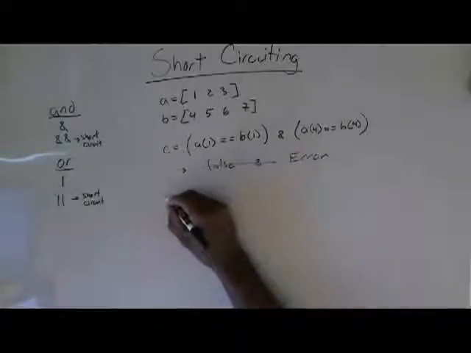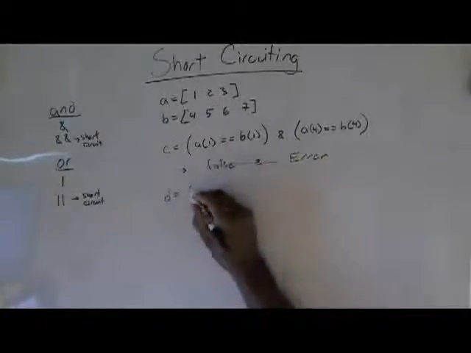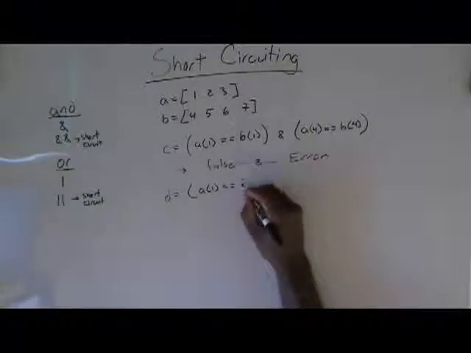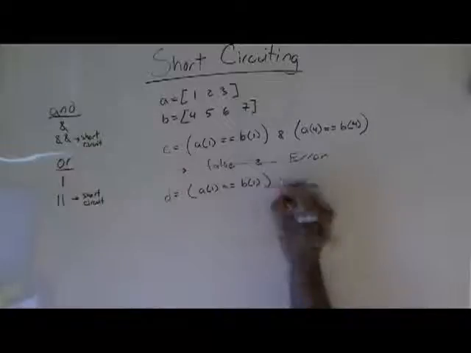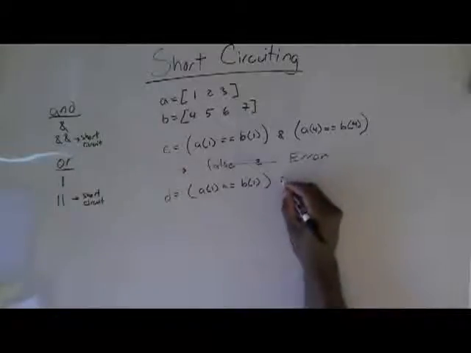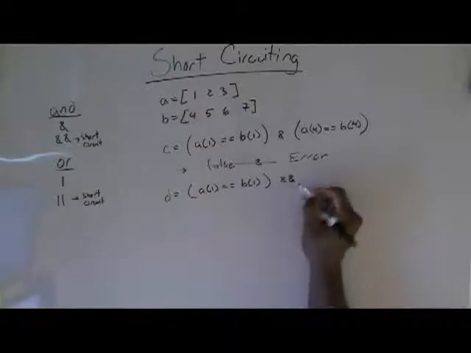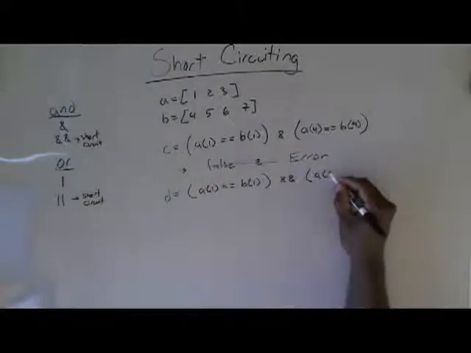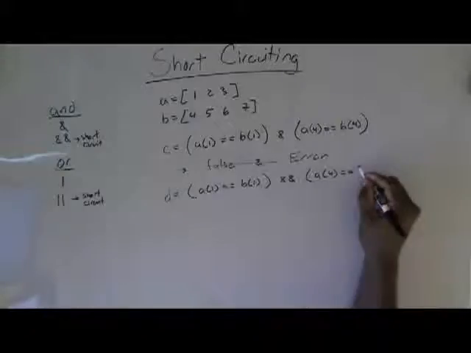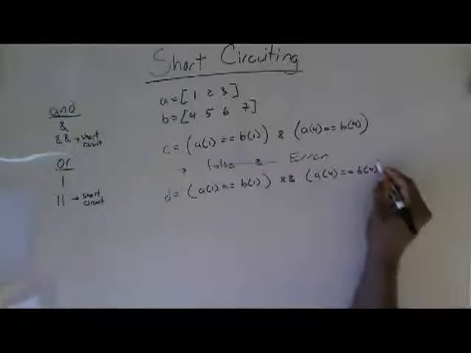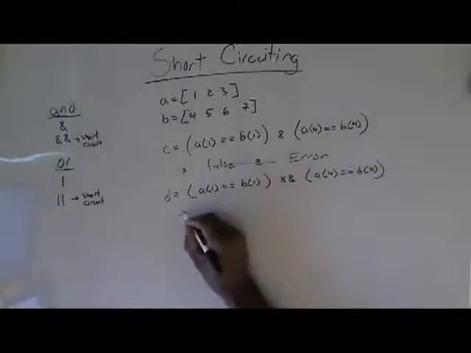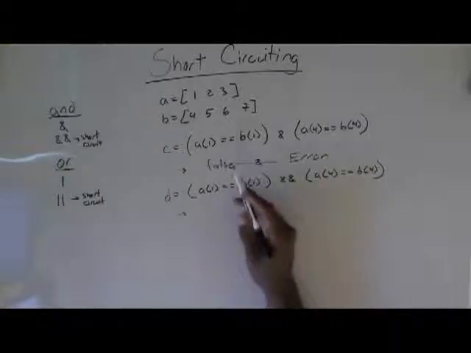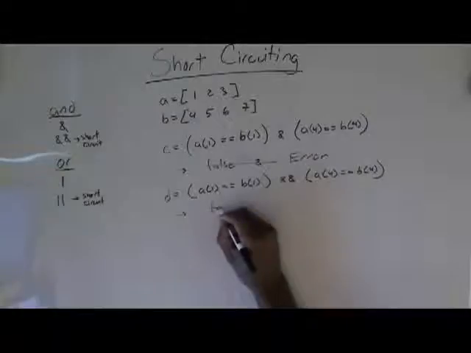If you short-circuited that, let's do the same thing, but instead of the single ampersand, use the double, which is the short circuit version. Then it comes in and says, is 1 equal to 4? And that's false.